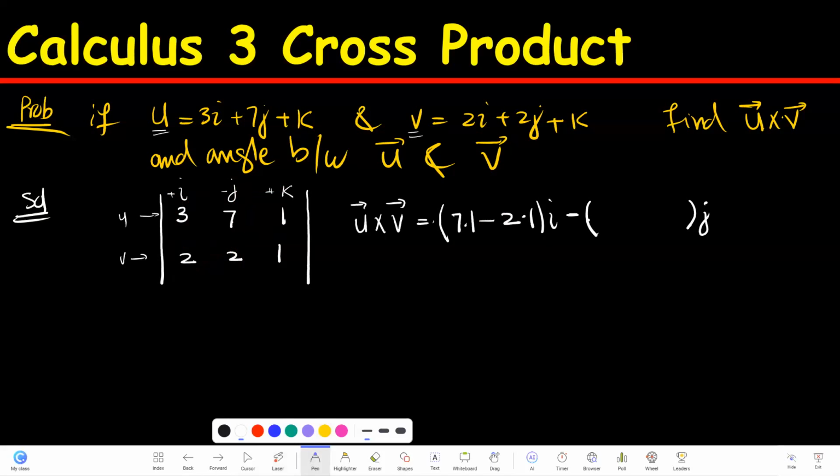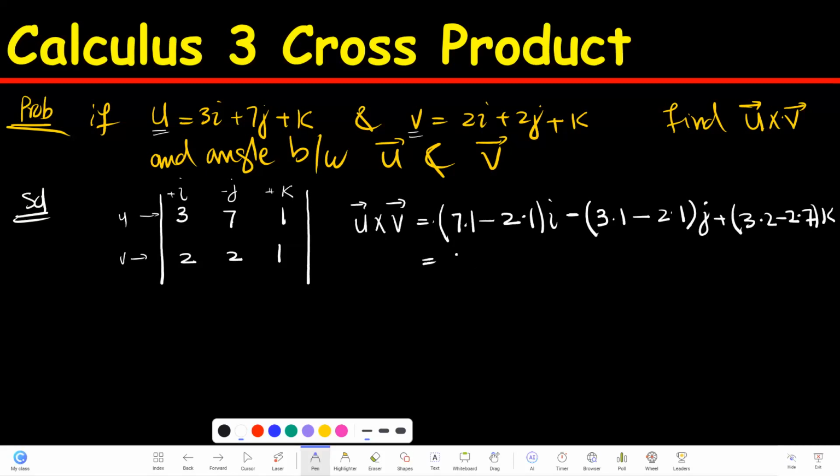The first one we're going to do slow. The next one will go a little bit faster as we understand this method. So it's going to be 3 dot 1 minus 2 dot 1. The third one will be k, which should be plus. So I'm going to say 3 times 2 minus 2 times 7.